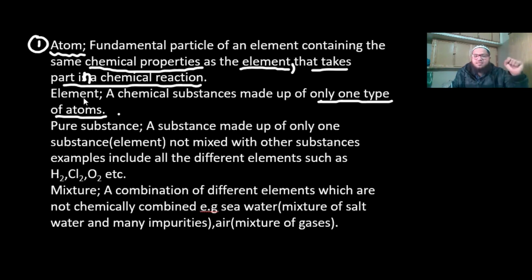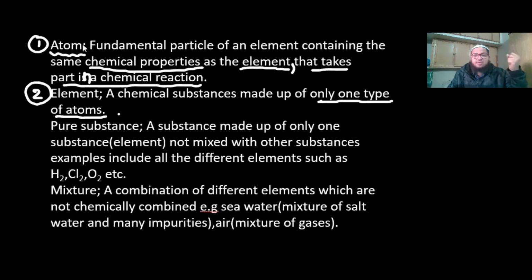An element, by the way, is a very pure substance. So what is an atom? Atom is actually the building block of an element. It is the fundamental particle of elements. The atom also has the same chemical properties as the element, and an atom takes part in the chemical reaction. These are the three basic properties of atoms that you must know.